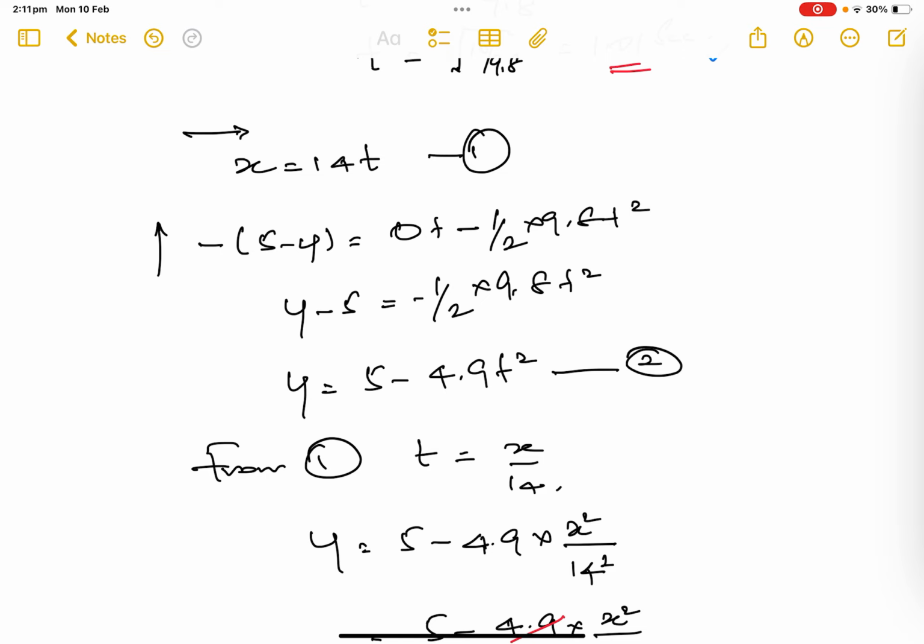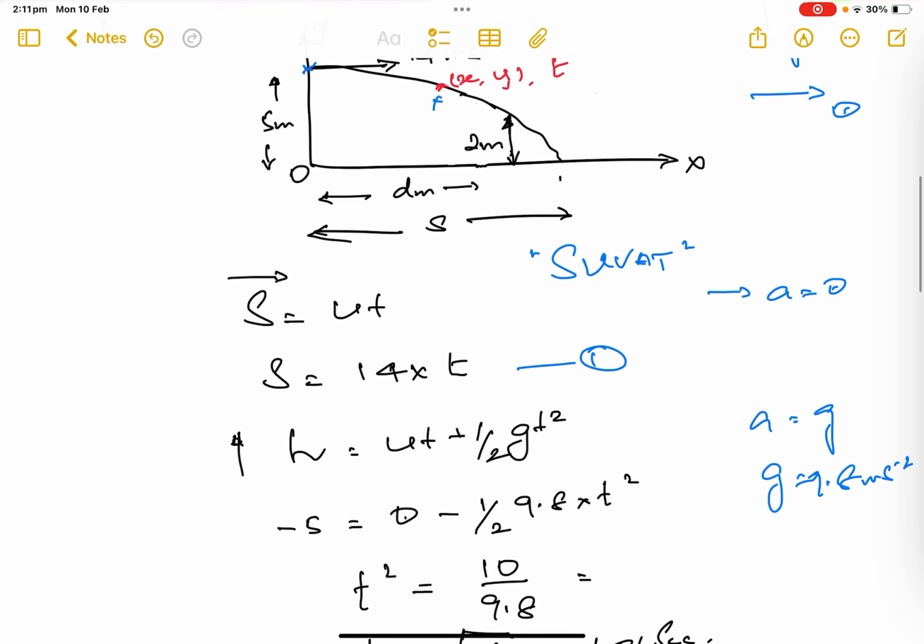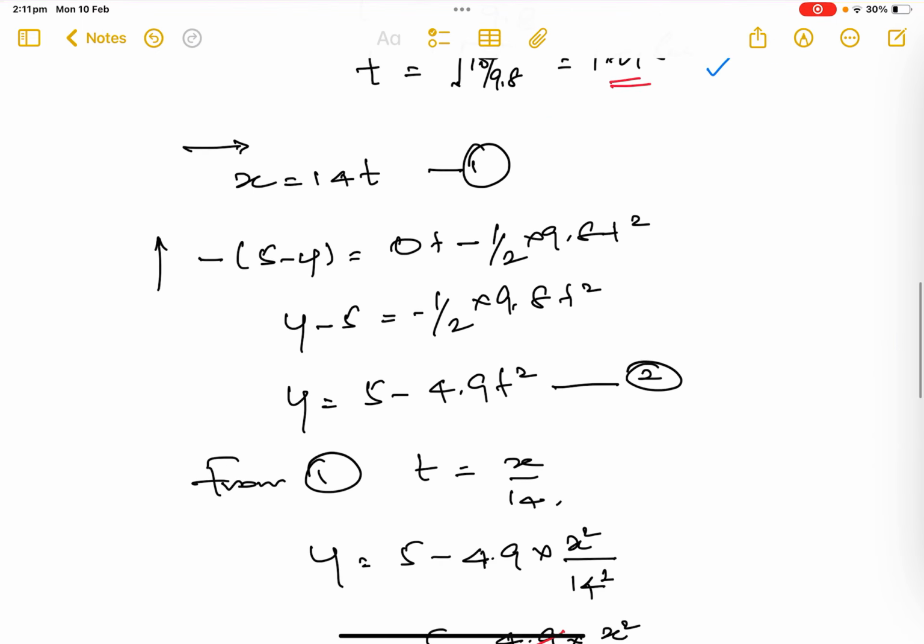Using the SUVAT equation vertically upwards, the distance travelled from the window is minus (5 minus y), so it is below the window level.